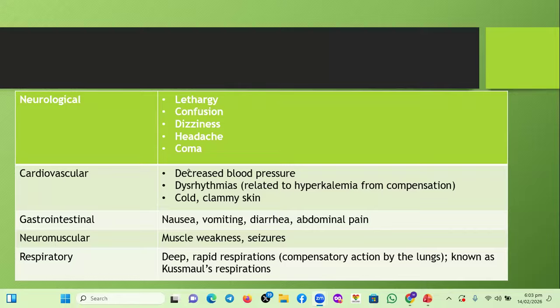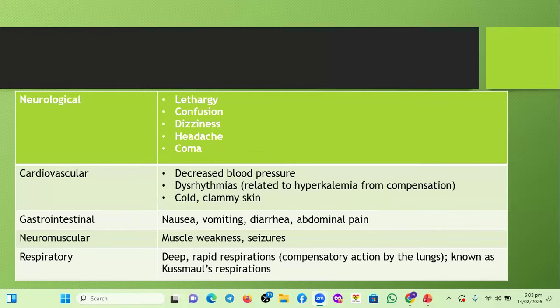All right, so we have cold, clammy skin, which can also occur and will affect the cardiovascular system.